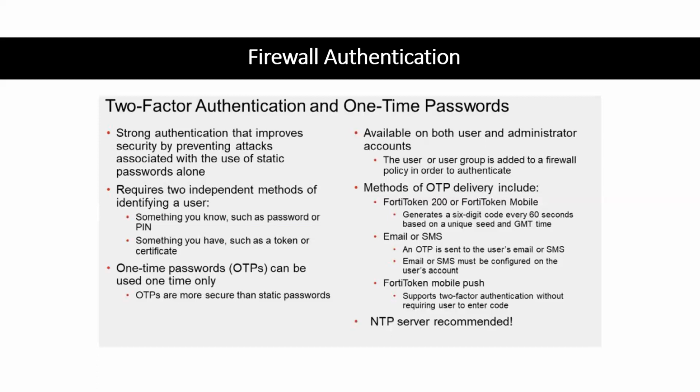Maybe she gives everybody in the organization a Forti token, maybe a software token or a hardware token. She can do all of these things to harden the security efforts within her organization, and within your organizations, with two-factor authentication. All these things are great to add.